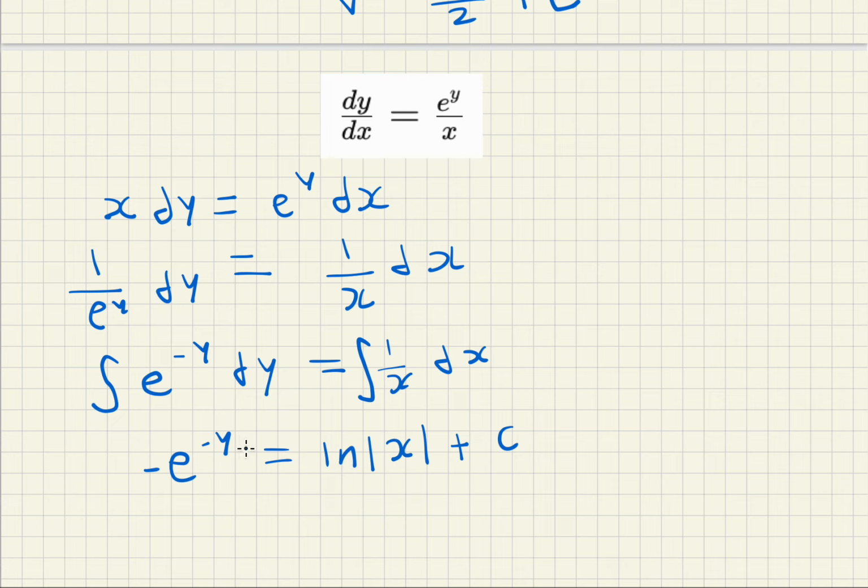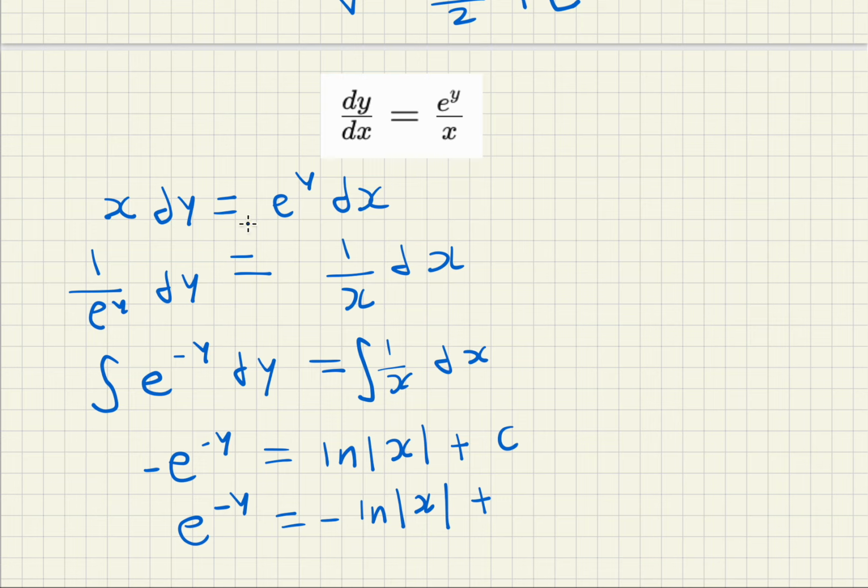And so the hardest part here is to isolate y. First, I would transfer the negative sign to the right side. So e to the power of negative y equals negative natural log of x plus c.